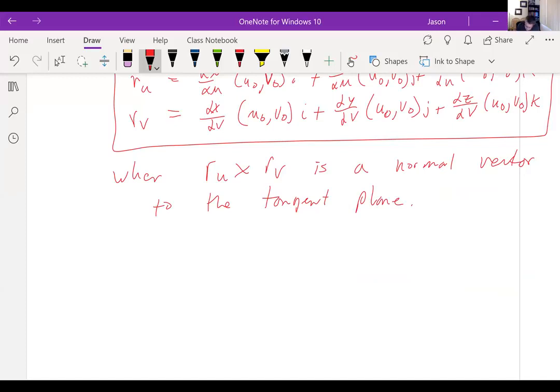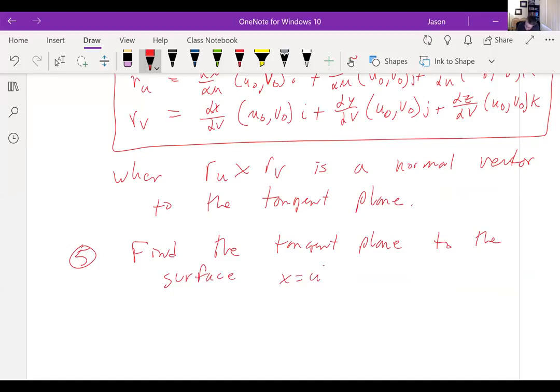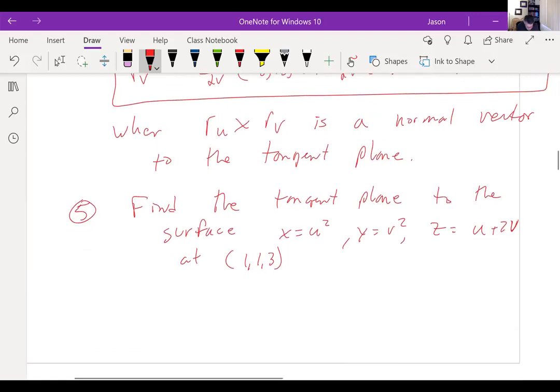Okay, so number 5. Find the tangent plane to the surface x equals u squared, y equals v squared, z equals u plus 2v at the point (1, 1, 3).